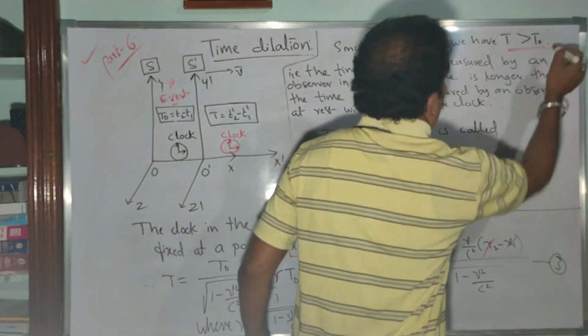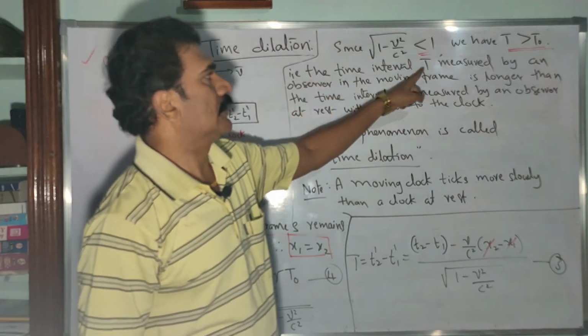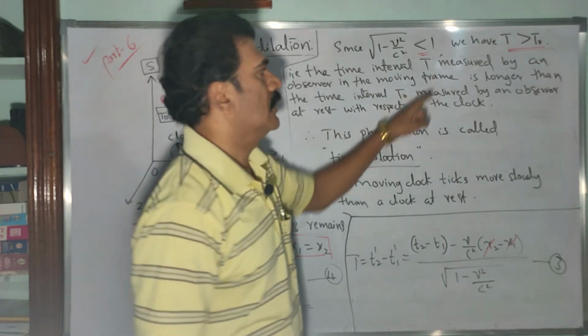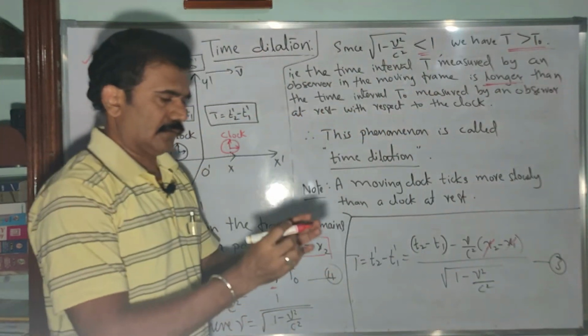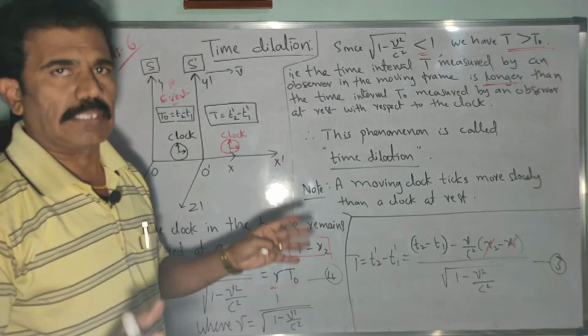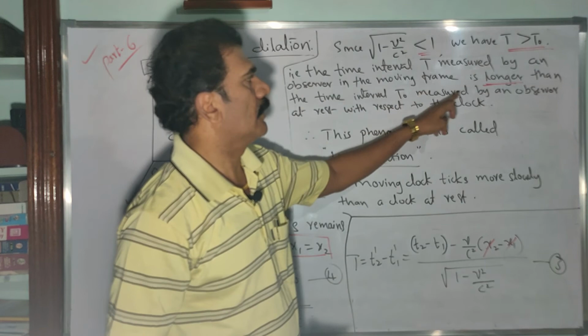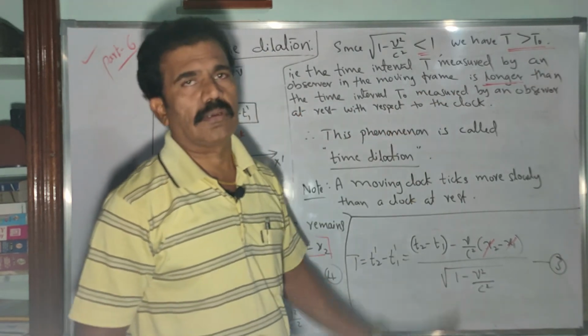With this observation we can conclude that the time interval t measured by an observer in the moving frame is always longer than the time interval t0 measured by an observer at rest with respect to the clock.